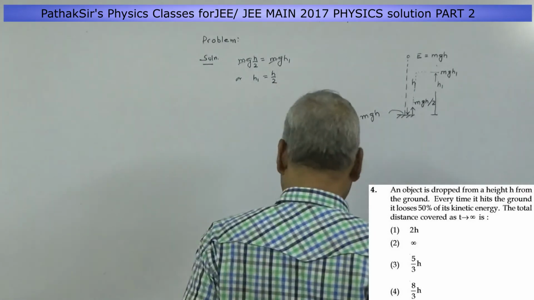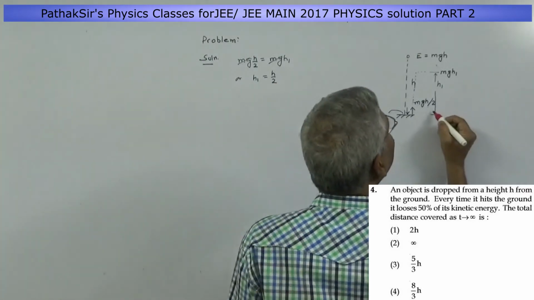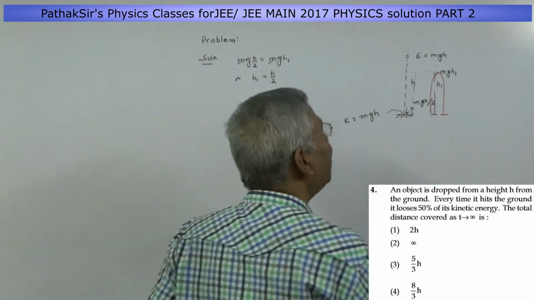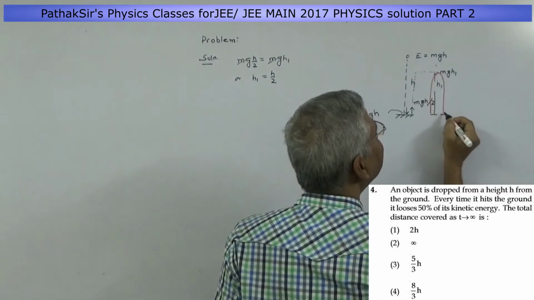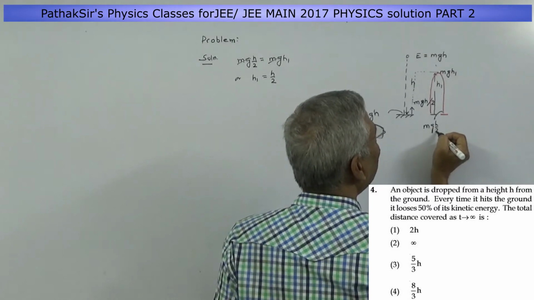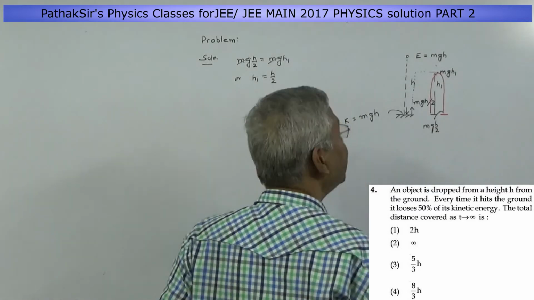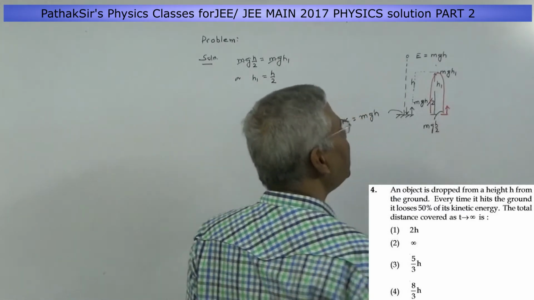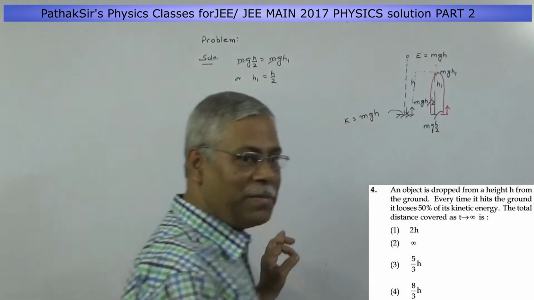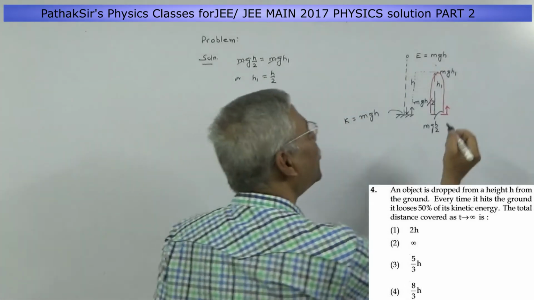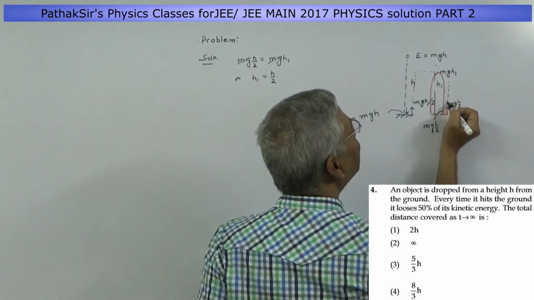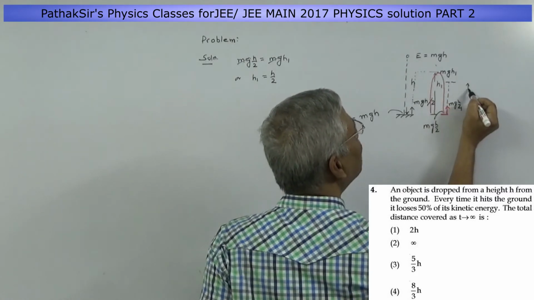Then the second collision. Just before the second collision, the energy is mgh by 2, and just after collision its energy will be mgh by 4. With this energy, it will rise to a height, suppose h2.